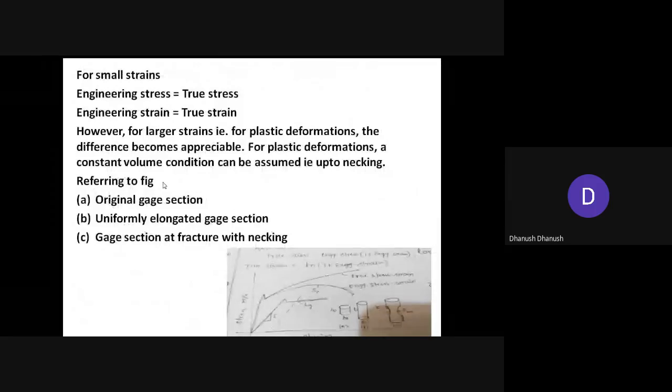Yes, sir. Now, if you take only the triangle within the elastic limit, in the y direction it is F, in the x direction it is Y. Half base into height of this triangle will give you the resilience, whereas the total area under the engineering stress strain curve will give you what?